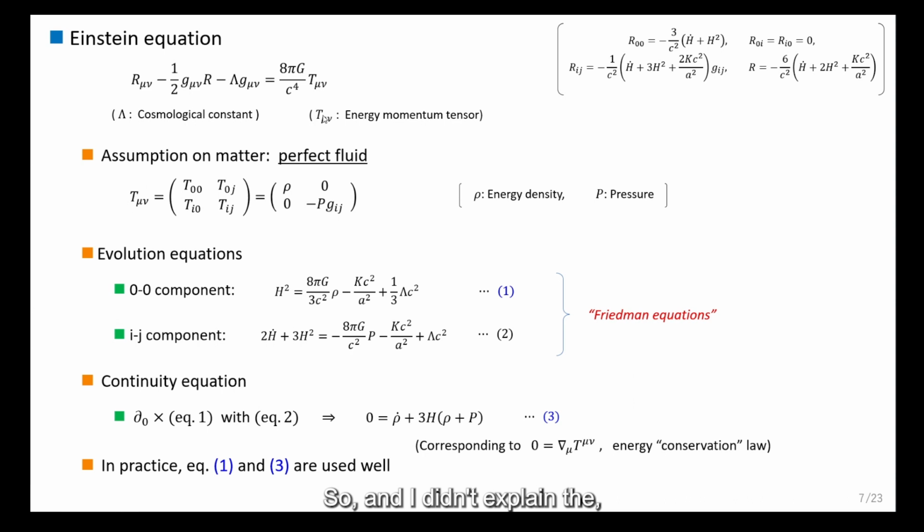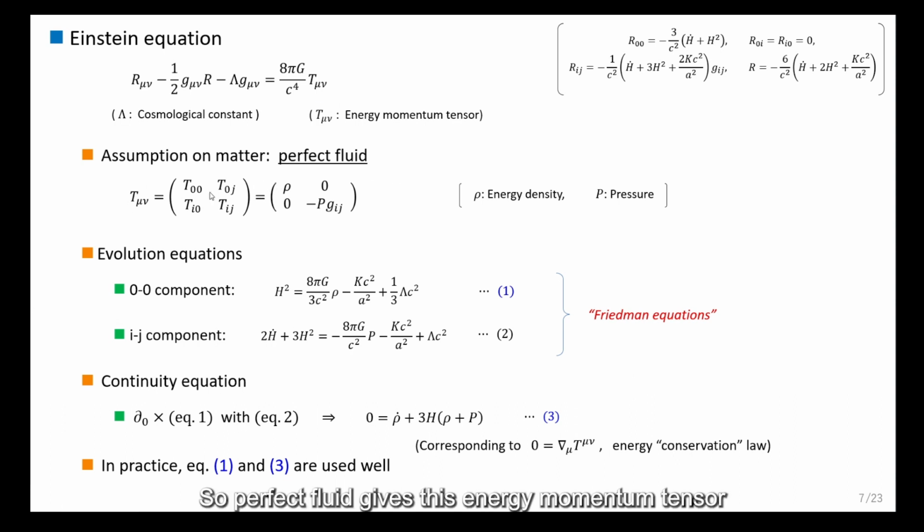I explained the space-time component before, but we also have to mention the matter side. This is given by the energy momentum tensor. Now, we assume this energy momentum tensor is given by a perfect fluid.